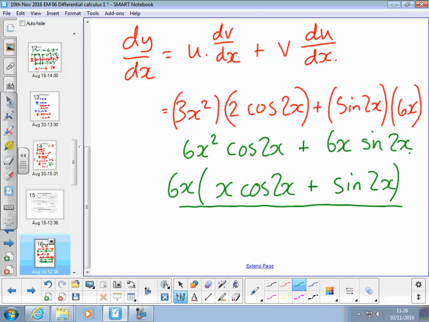But you're going to get marks for getting to this stage, or indeed that stage, because they're both right answers in essence. And if you want to find the value of that differential at a particular value of x, any of them are going to give you the right answer if you plug the right numbers in. Okay. So you're all happy with that one as an initial introduction to the method of using the product rule.